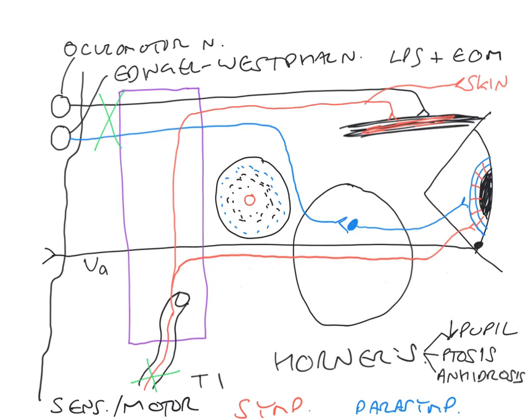And what can happen is, say for example in diabetes, where you can get microvascular disease, that central vessel that we see here can become blocked by diabetic vasculopathy, and that blockage can lead to death of the central motor fibres within the oculomotor nerve. However, the more peripheral fibres remain intact because they take their blood supply from vessels running along the surface of the oculomotor nerve.